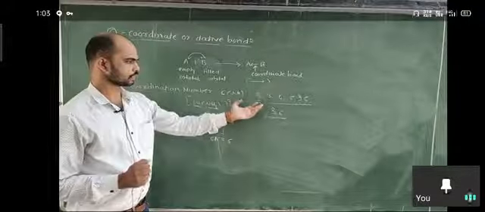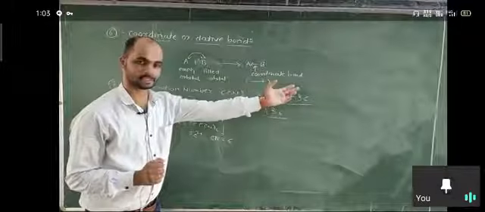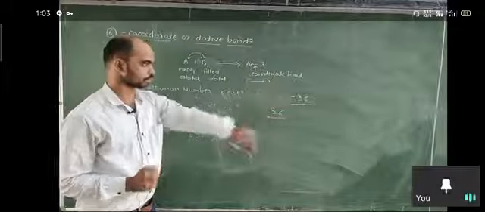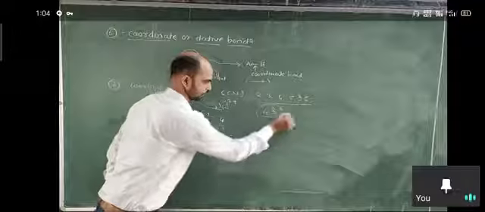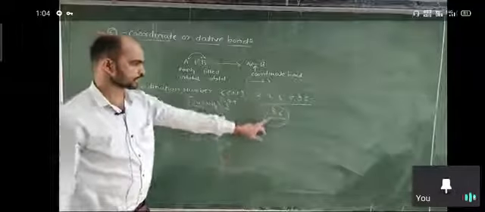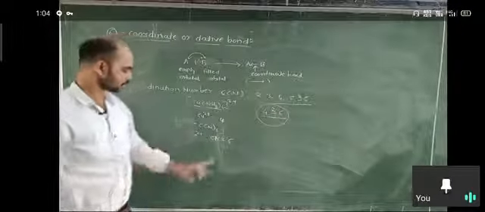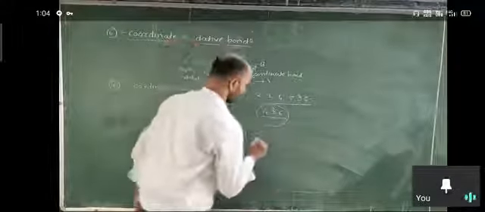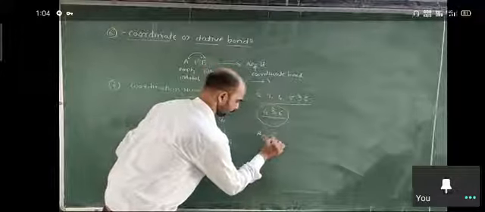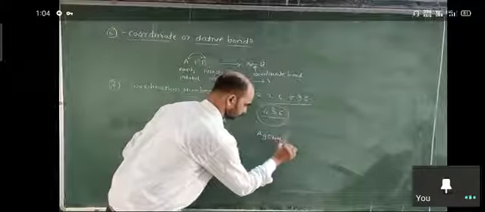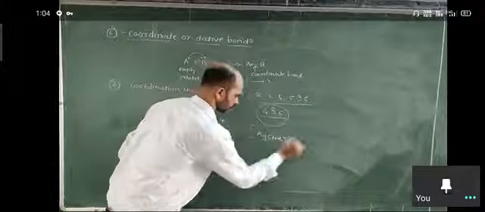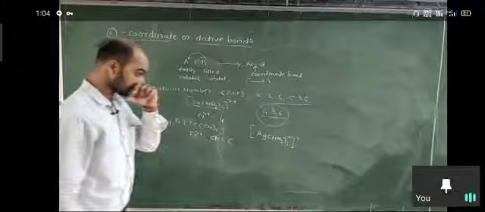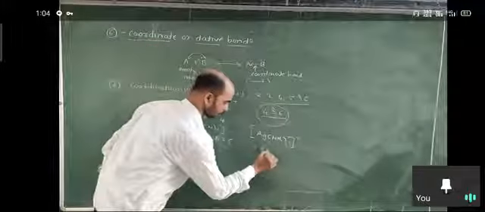So basically we observe 2, 3, 4, 5 and 6 coordination numbers, but basically these two are observed. Okay, so 4 coordination number, 6 coordination number. Here the coordination number is 6, here the coordination number is 4. Suppose you consider silver present in +1 oxidation state.